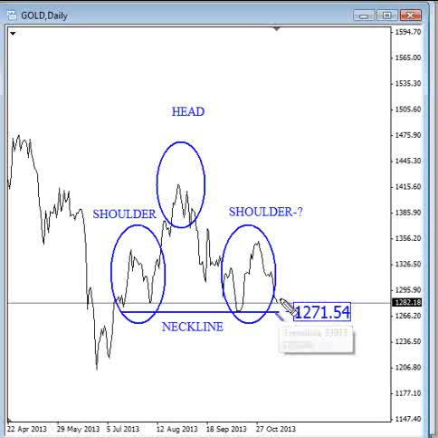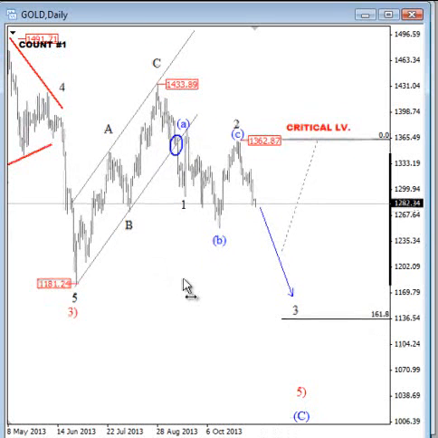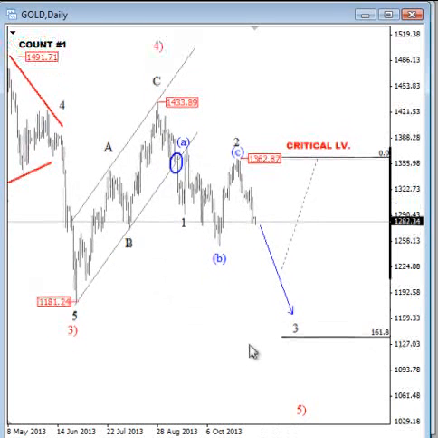So a decisive break of this neckline would be a nice indication and confirmation that this head and shoulders pattern is complete, which means that in such a case we would focus on more weakness on gold, okay. So this would then be quite a nice confirmation for our bearish wave count that we are tracking, okay.